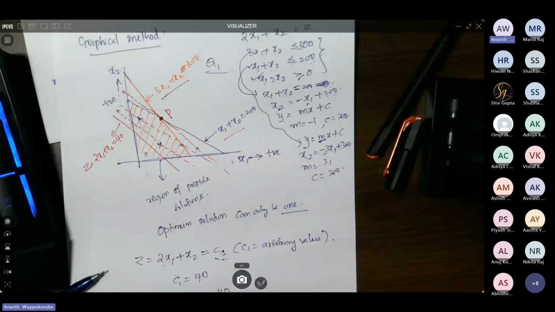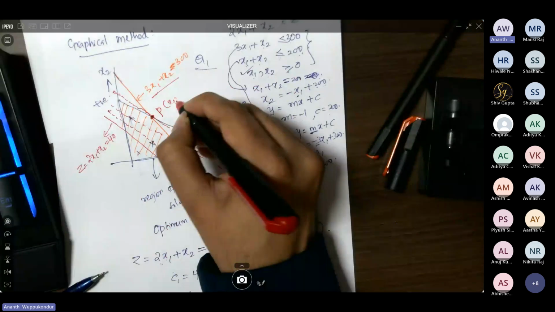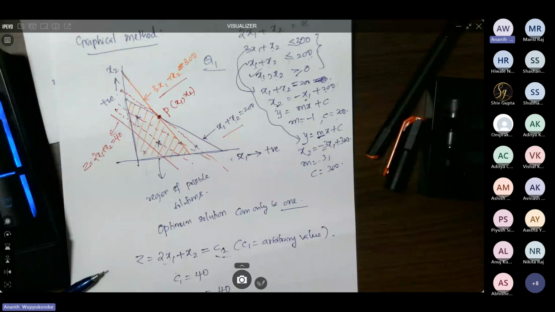And once you identify this point where all the three lines meet, then from the graph, you can identify the coordinates of the point P, which correspond to x1 and x2. So this gives us the optimum solution for maximizing the benefit that we want to get.